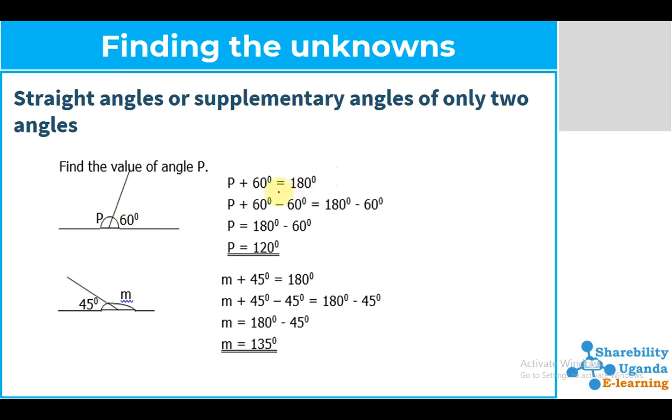So our angle P plus the 60 which is given is equal to 180. Then we say our P will be equal to 180 minus 60, and we shall get our angle P as 120. As simple as that.